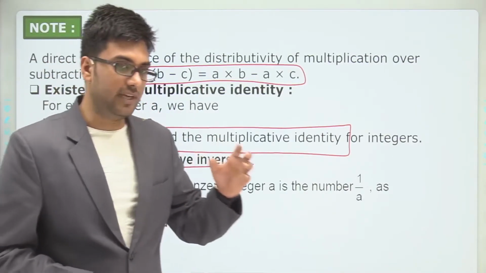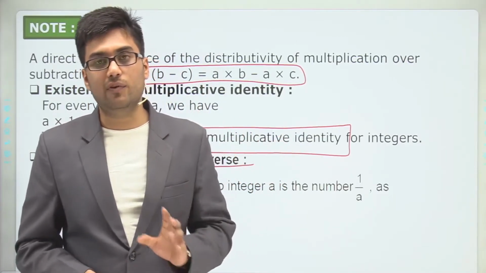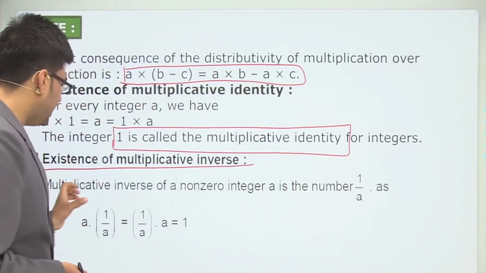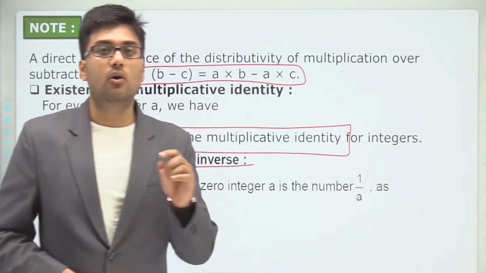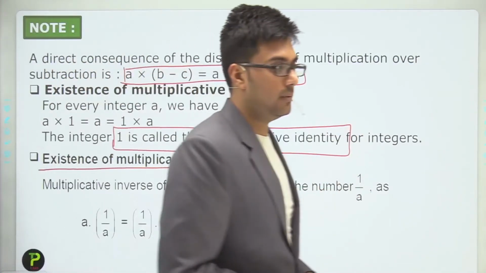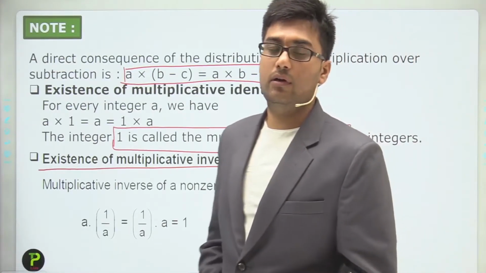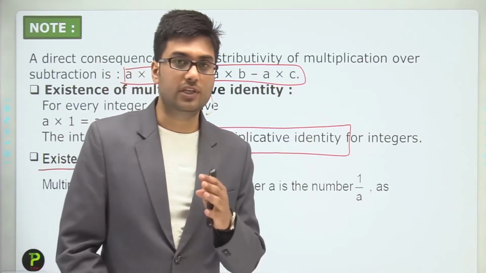Clear? Or we can say that if the sum of two numbers is 0, then both numbers are additive inverses of each other. Now similarly, the multiplicative inverse of a non-zero integer a is 1 upon a. Or we can say that if the product of two numbers is 1, then both numbers are multiplicative inverses of each other.